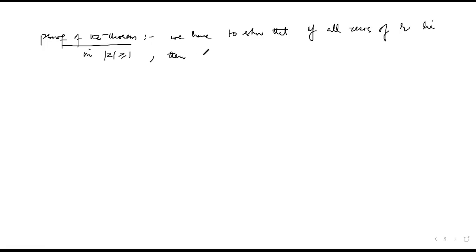Now we have to show that, just to repeat the statement, if all the zeros of R lie in mod z greater than equal to 1, then we need 1/2 into b dash z into norm of R. Now this is what we have to prove, of course, for mod z equal to 1.